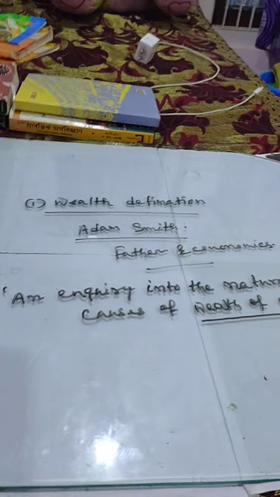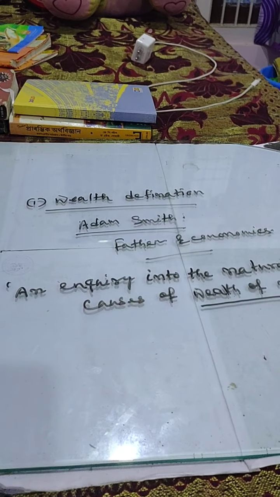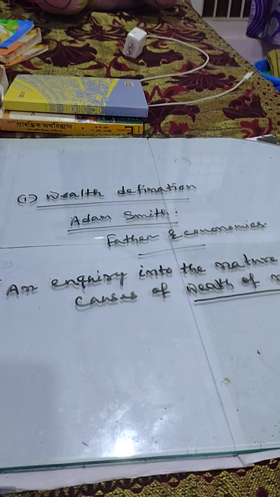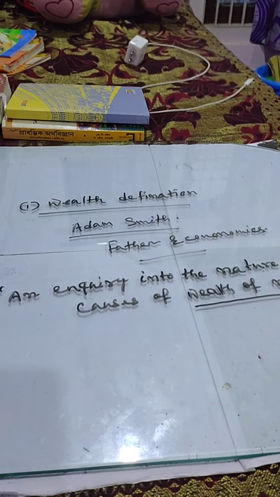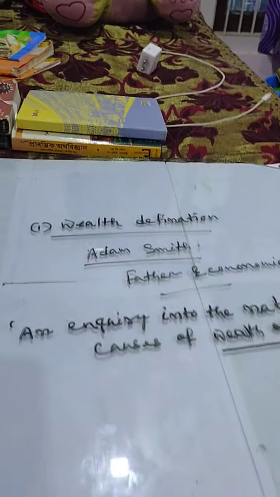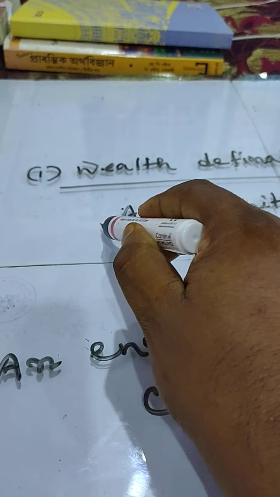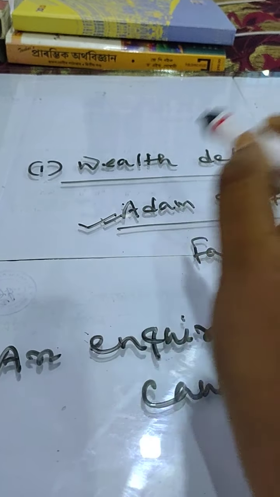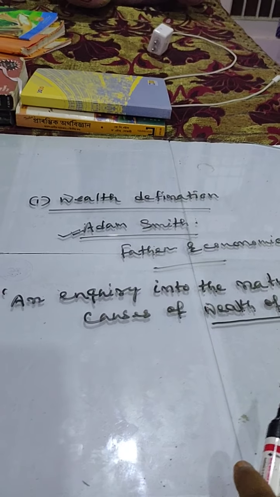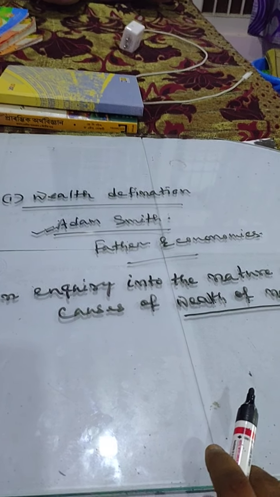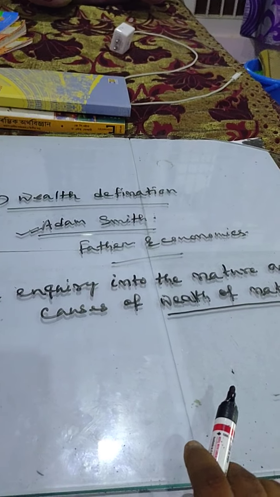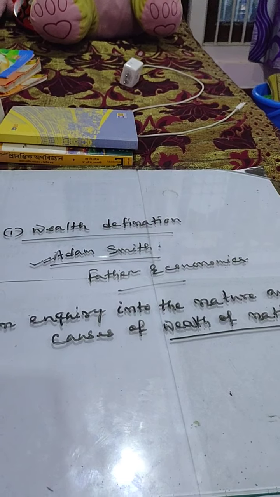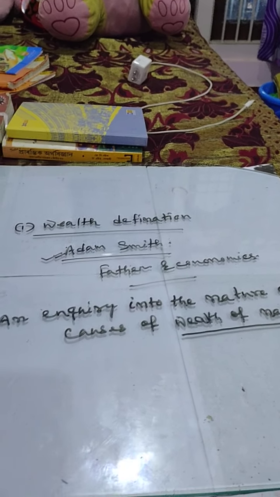From this wealth definition, in your exam, you may be asked who is known as the father of economics. Then the answer will be Adam Smith, because he is the starter or the pioneer of economics systematically. From his time, there prevailed a systematic study of economics. So he is also known as the father of economics.